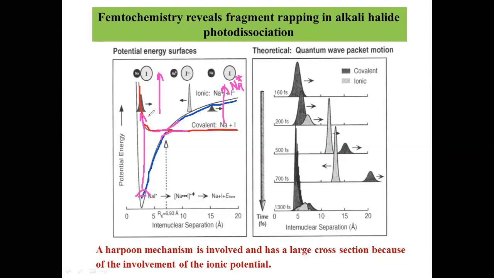But in this case, this is detuned. So that means lambda is set in such a way that it is taking the sodium and iodide in the transient species to the excited state. Right? So that is the difference.